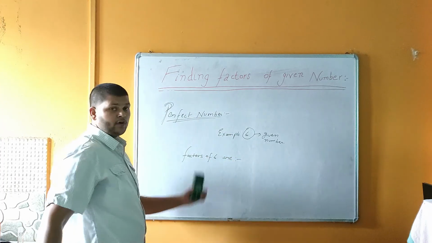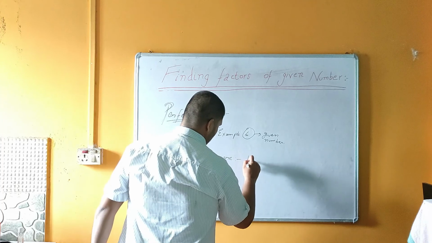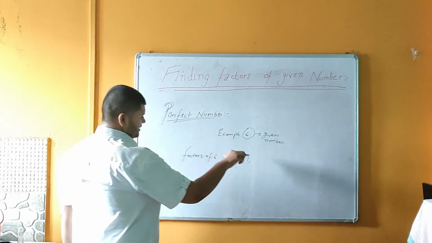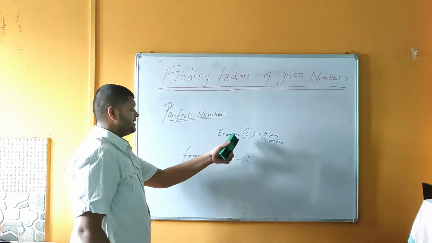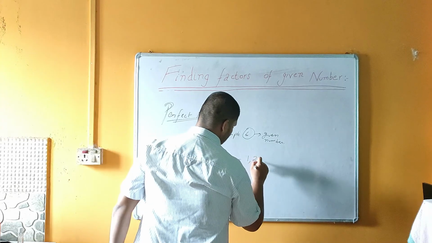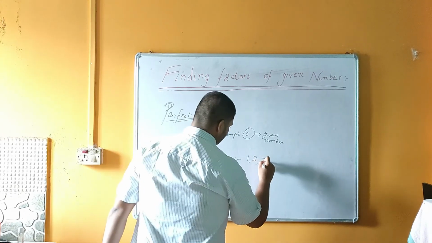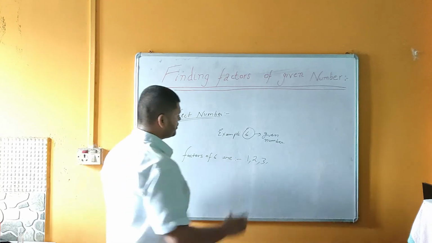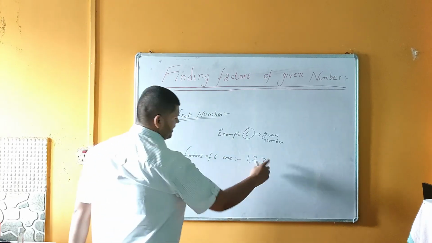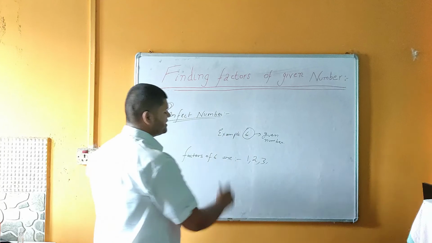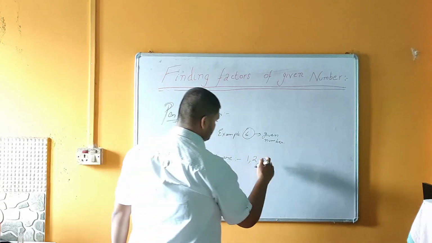1 will be the factor for every given number. You must remember. Okay. In the table of 2, you need to see whether 6 is occurring or not. Yes, it will occur. In the table of 3, it will occur. In the table of 4, 6 will not occur, so we will not write it over here. In the table of 5, 6 will not occur, so we will not write.